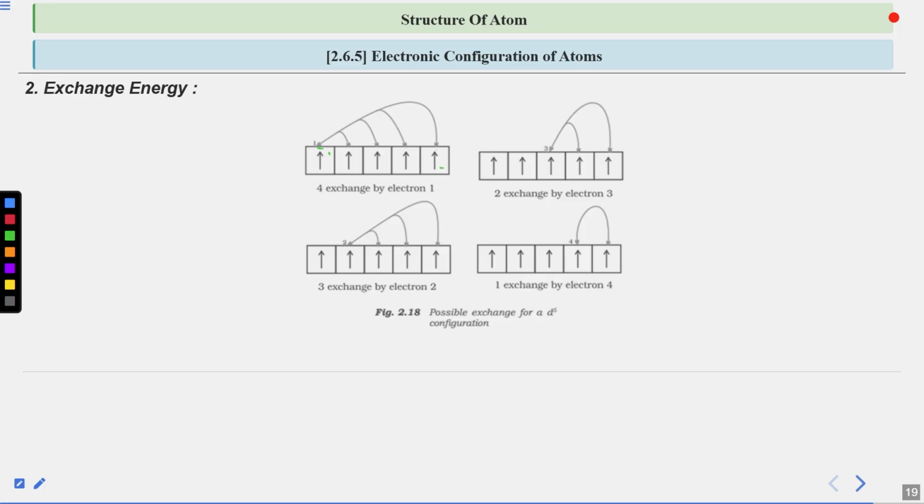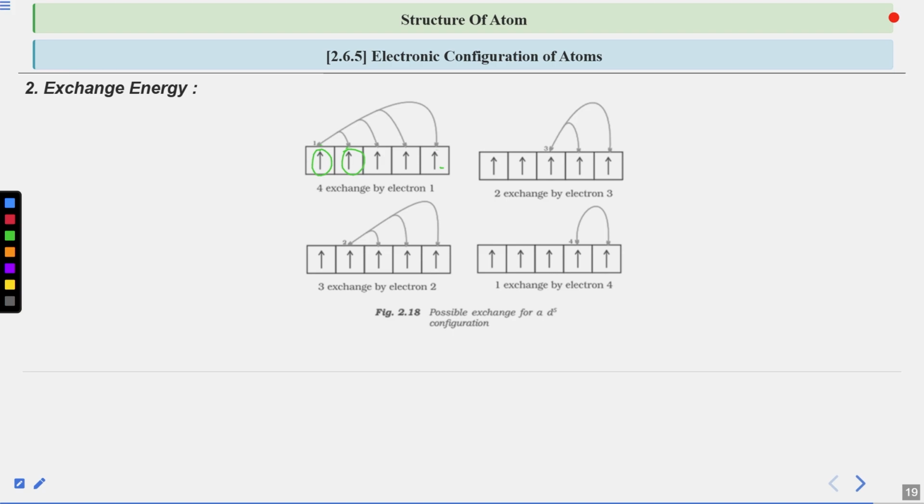What is the second reason? The second reason is the exchange. Now since this and this have the same energy, because they both are in the 4d subshell, they both can exchange their position.